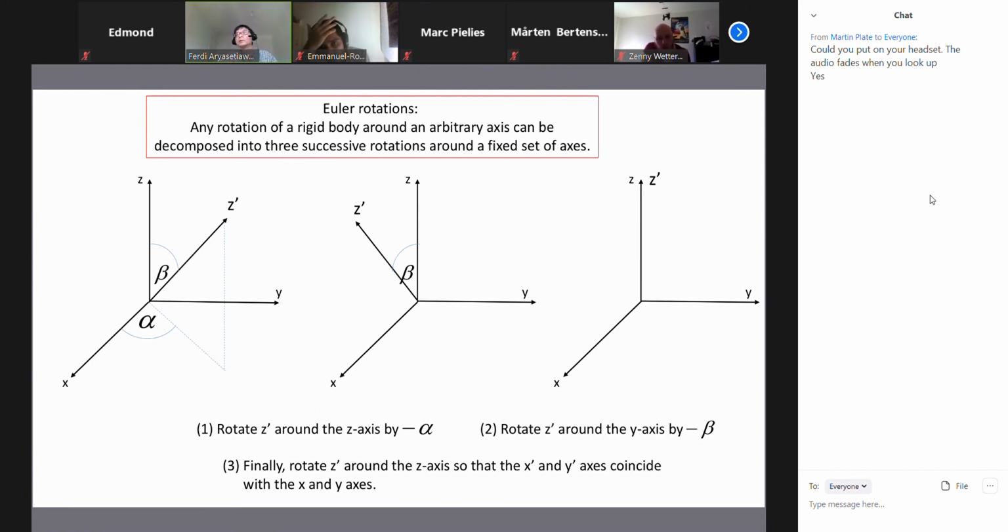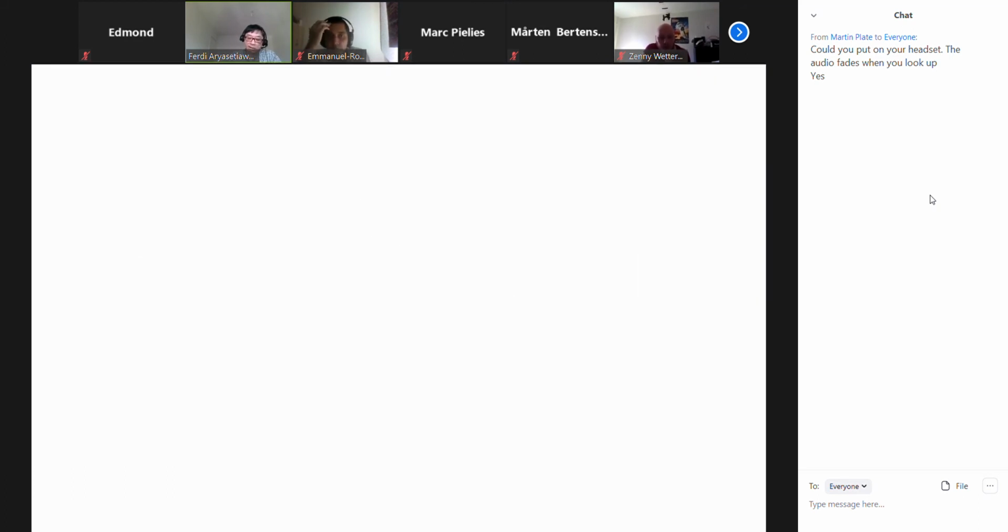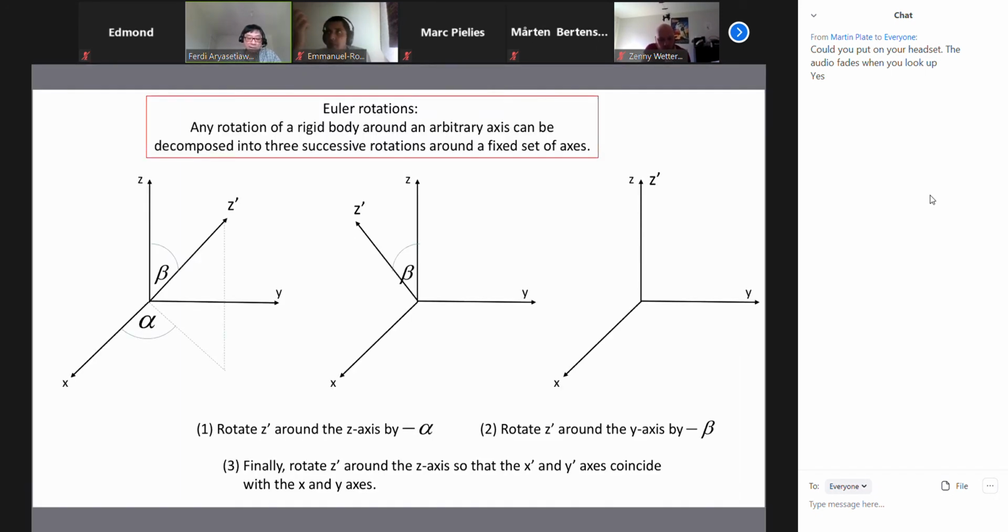Now we make some arbitrary rotation, and let's just focus on the z-axis. So the z-axis is now rotated to z prime. We don't pay much attention for the moment to the x prime and y prime axes. They are somewhere, perpendicular to the z prime, so we just concentrate on the z prime axis. So this is what happens when we do this rotation.